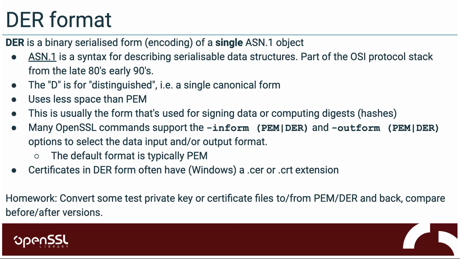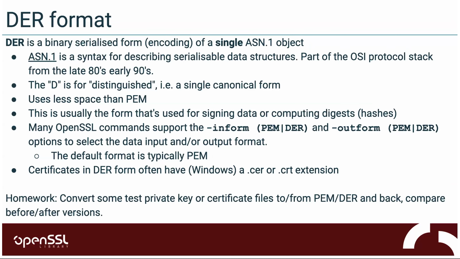The other format that you'll see often used with certificates is called DER. It stands for Distinguished Encoding Rules, and it encodes a single ASN.1 object. ASN.1, a syntax for serializing data structures, part of the OSI stack from the 80s and 90s.